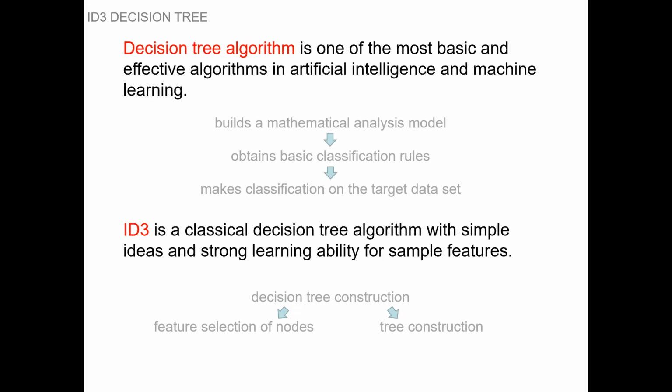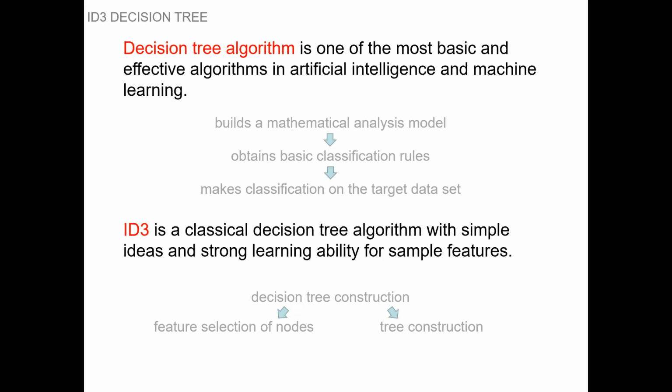Firstly, the decision tree algorithm uses a mathematical analysis model by training and mining rules of random and disordered sample data, and obtains basic classification rules and then makes classification on the target dataset.